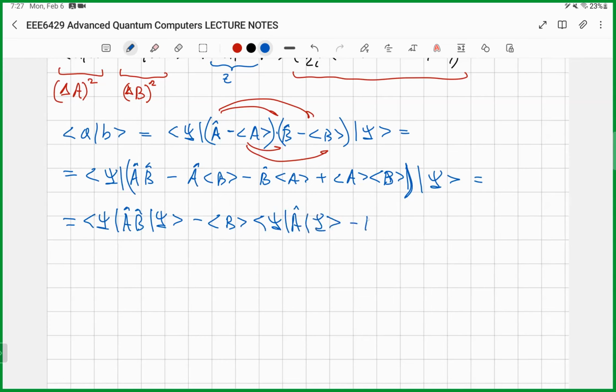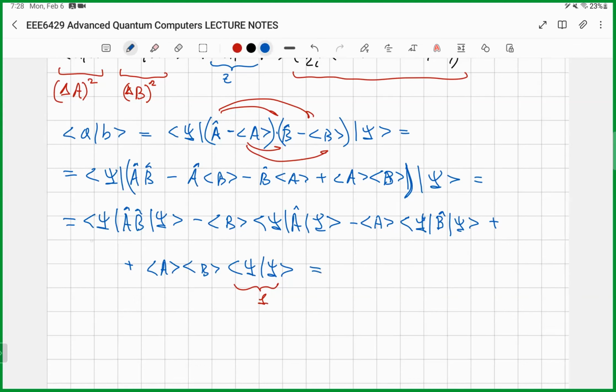Then minus, the same way, expectation A, take it out. Here I'll get psi B psi, and plus finally the expectation A times expectation B. These are two constants. I take them out, and here we'll get this inner product of psi times psi, which is of course 1, because the state is orthonormal.